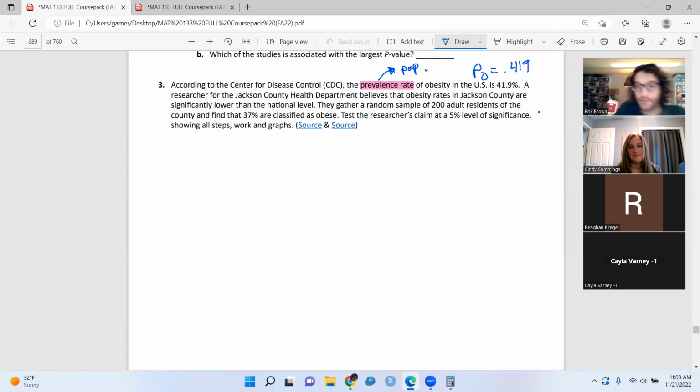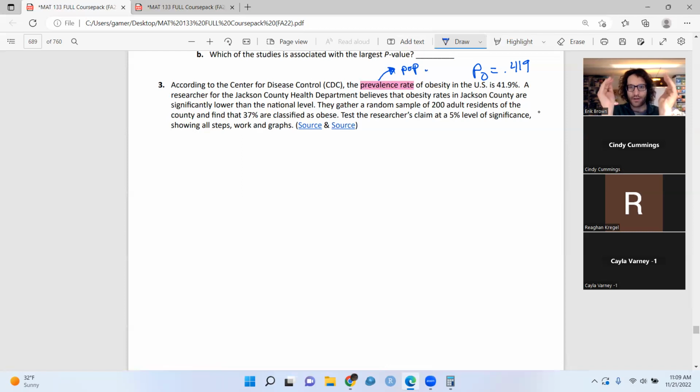How do y'all feel about that? Good. Good. And I'm sure you caught that they all told us this. Good. Okay, awesome. I'm sure that you've caught in all of these problems, you're going to get population values and sample values. You get both. Whereas in chapter 9, you only got sample values. And then the sample became the center of the confidence interval, and you built a thing around that confidence interval.